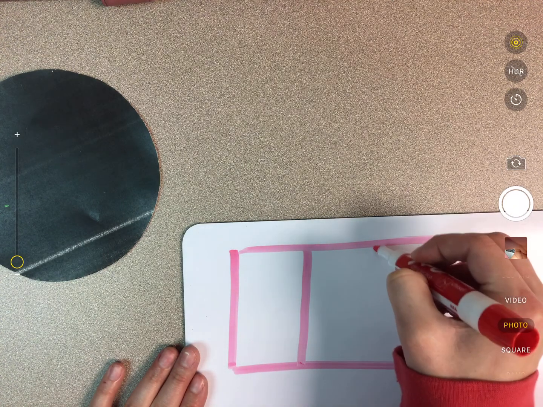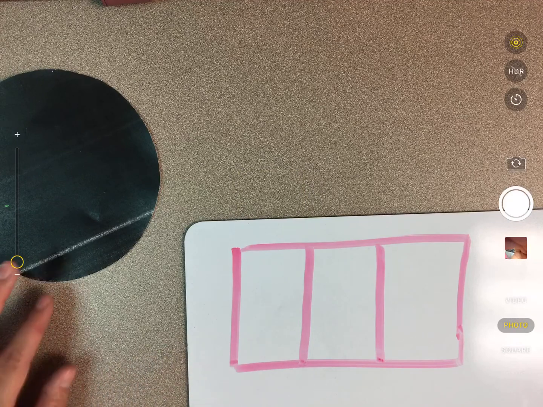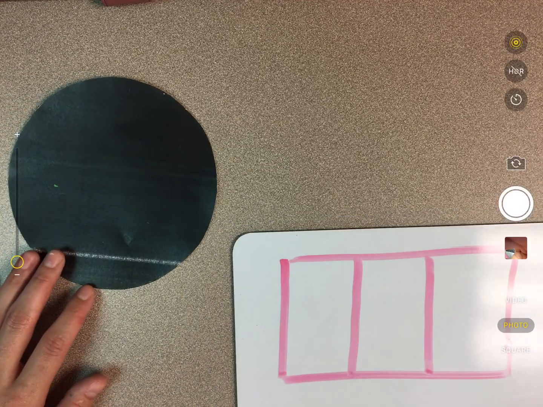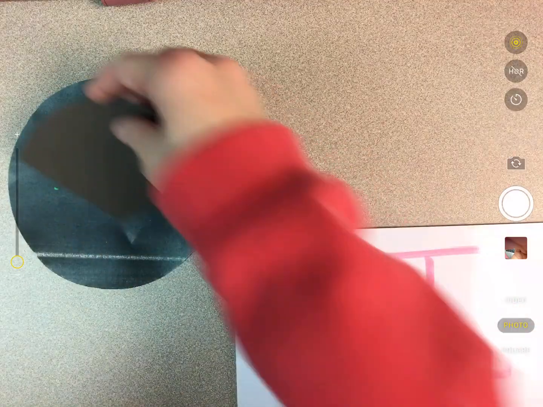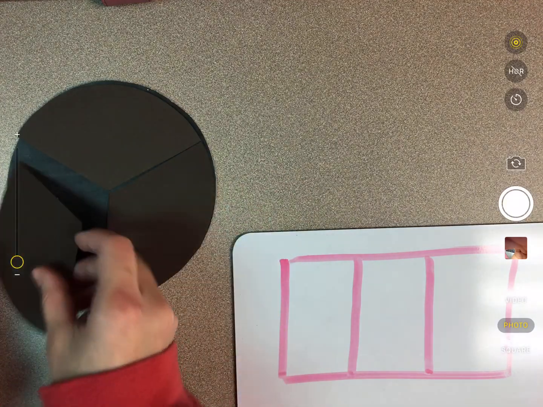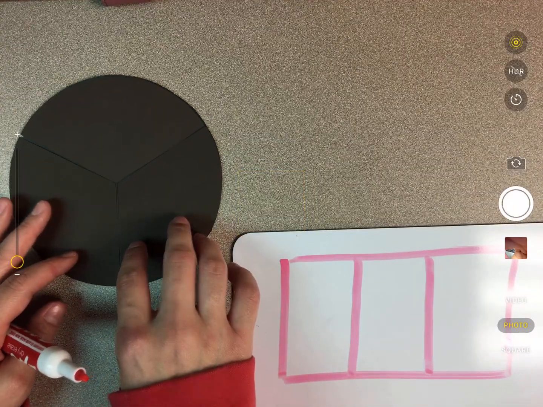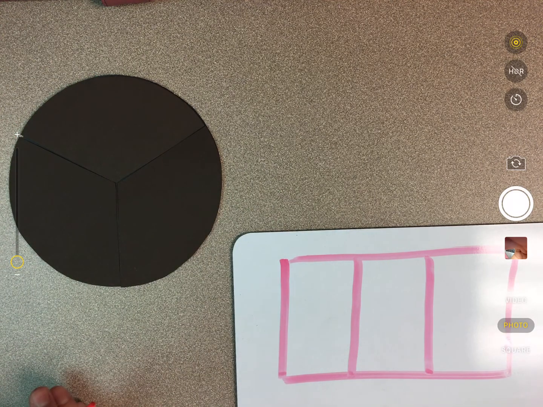And I'm going to divide it into thirds. And then I want to know what color divides our black circle into thirds. Our brown. Good job. Okay, so if I wanted to show 1/3 on this model and 1/3 on this model, what would I do?